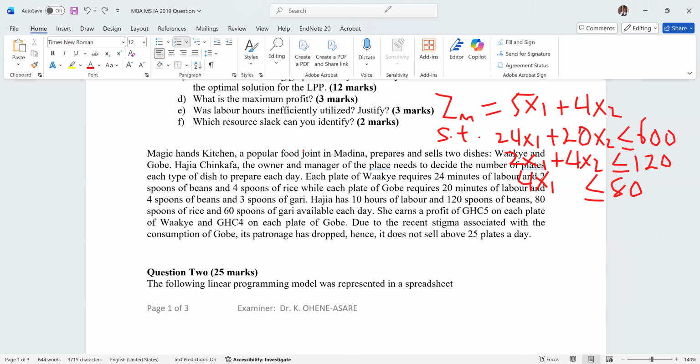Let me see those who are going to help us formulate the next constraint. Thelma. Okay, so for the next constraint, you have 3x1 plus 60x2 less than or equal to, why can't I see?